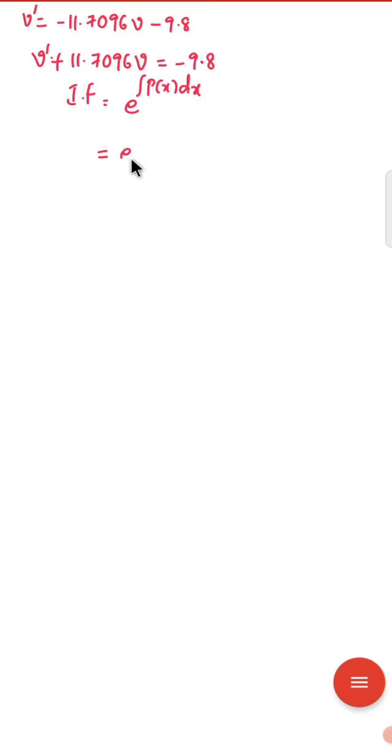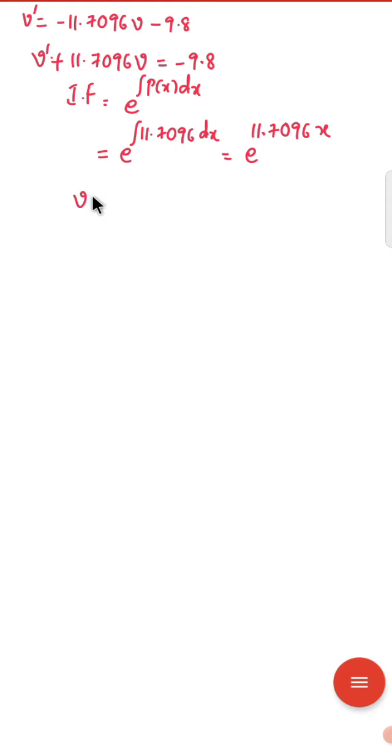So here p of x is nothing but a constant, that is 11.7096 dx. So we get the integration factor as e to the power of 11.7096 x, right? This is the integration factor given.